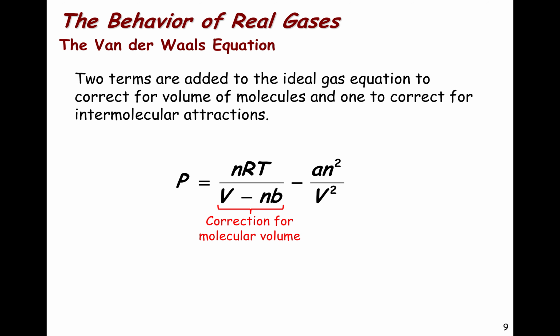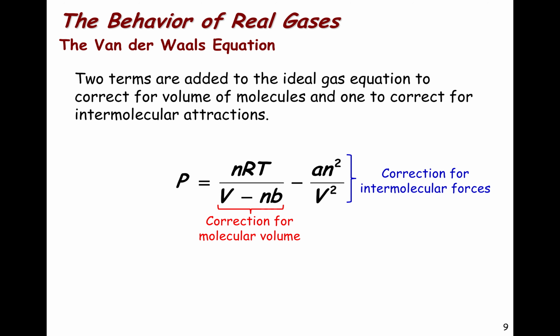What he did is subtract from the volume a factor of n times b, where n is the number of moles of gas molecules and b is a constant associated with the particular gas in question that accounts for the volume of the gas molecule.